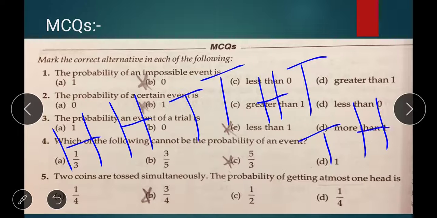The question is the probability of getting at most one head. That is 1, 2, 3, three chances. Total number of chances is 4. So 3 by 4 is the correct answer.